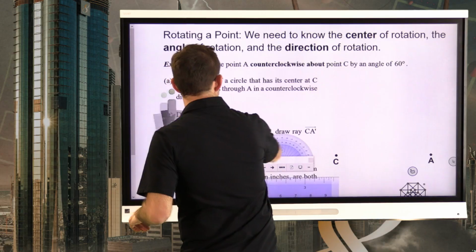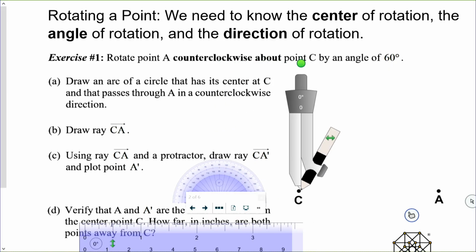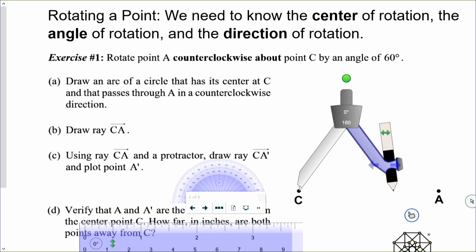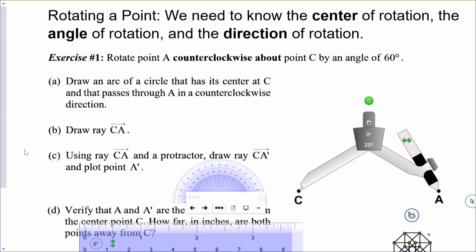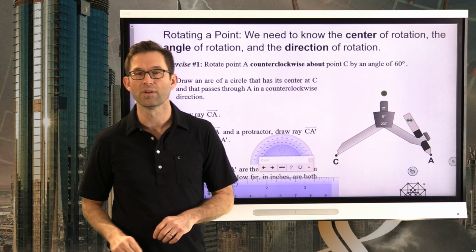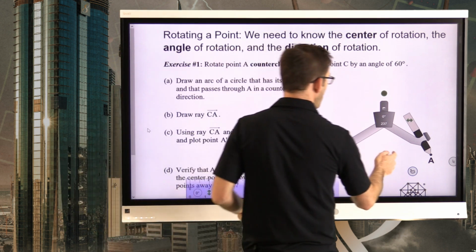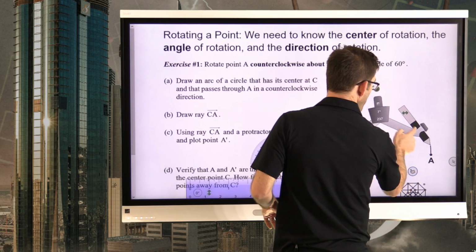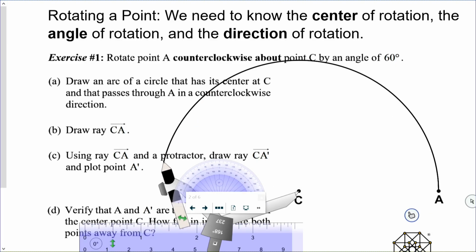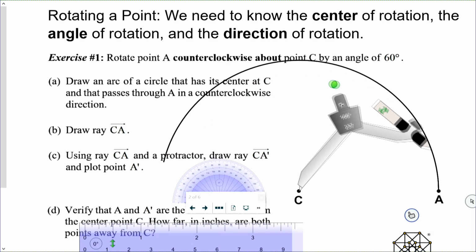This should be a little bit easier for you than me. Take your compass out, place the pointy end down on point C, and extend your compass far enough so that the lead portion now touches A. We can now draw what's known as an arc. We could draw the whole circle if we wanted to, but I'm just going to draw this arc.